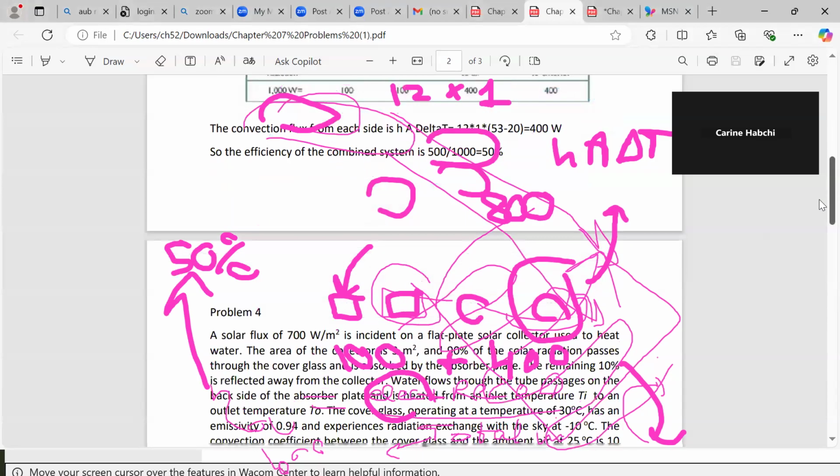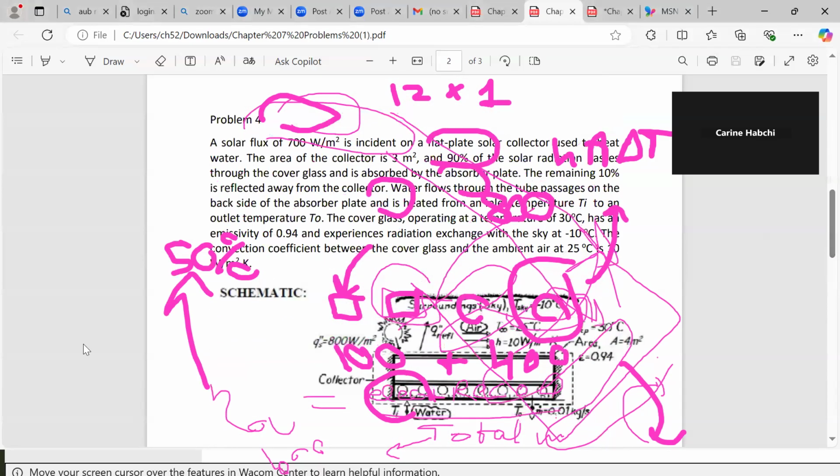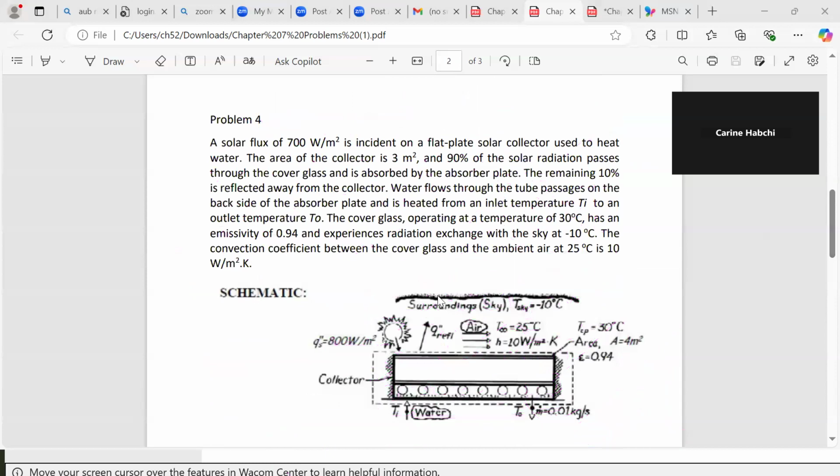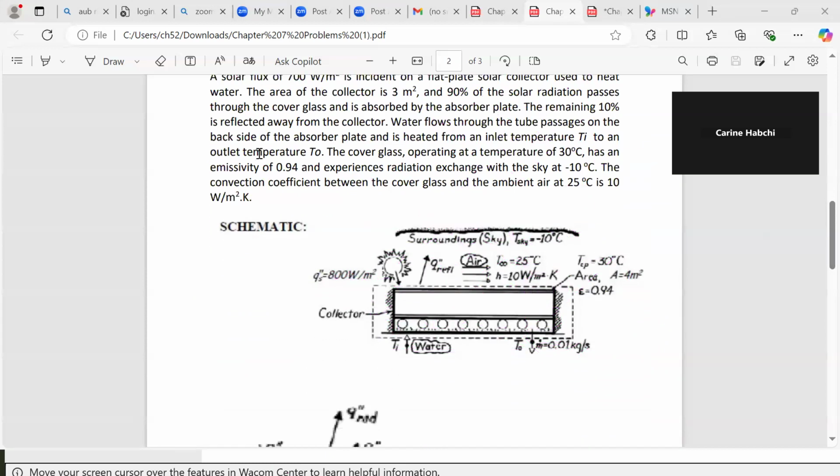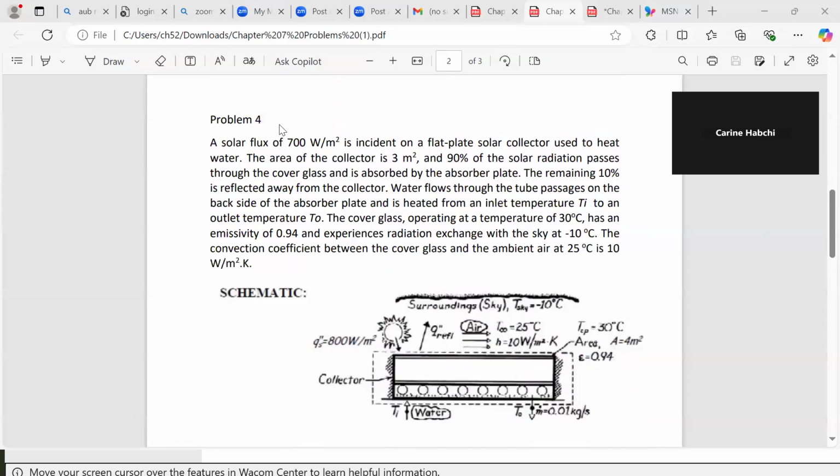Another problem. Consider a solar flux of 700 watt per meter square that is incident on a flat plate solar collector used to heat water.